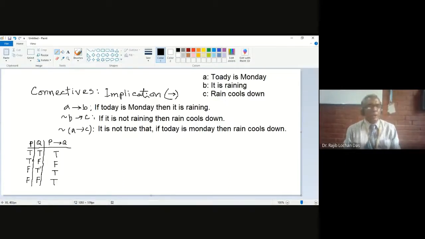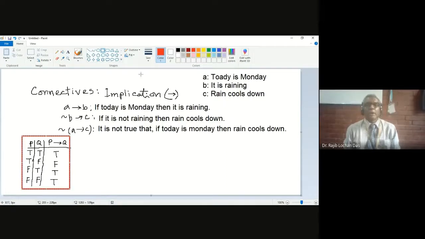You have to memorize the truth table, because if you do not have it in your brain, then it will be a problem. So just keep it in your mind. This is the truth table for implication.